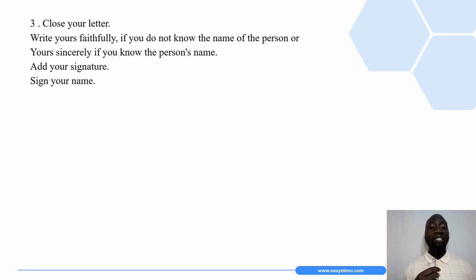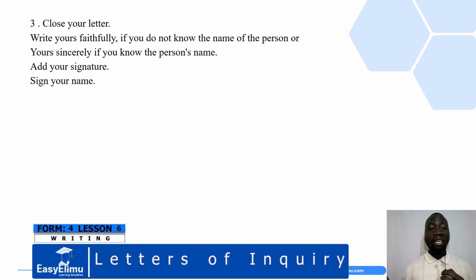So ensure that the closing remark comes first, followed by your signature, and lastly your name. And you can as well go ahead and give your designation or title if you have any.